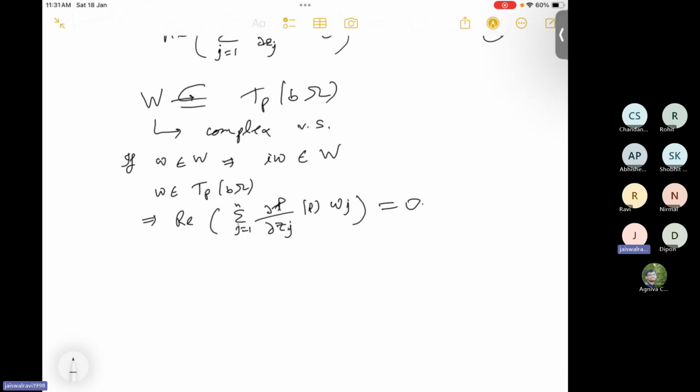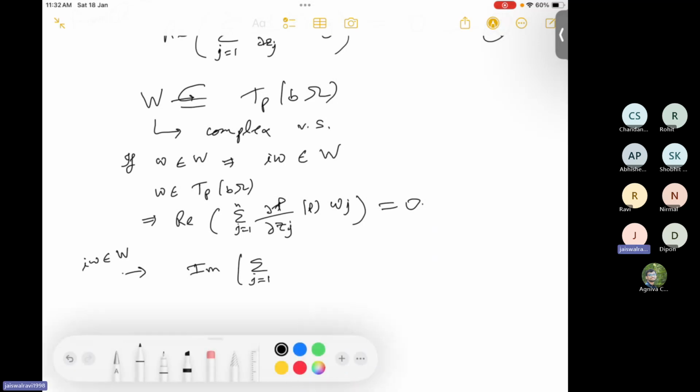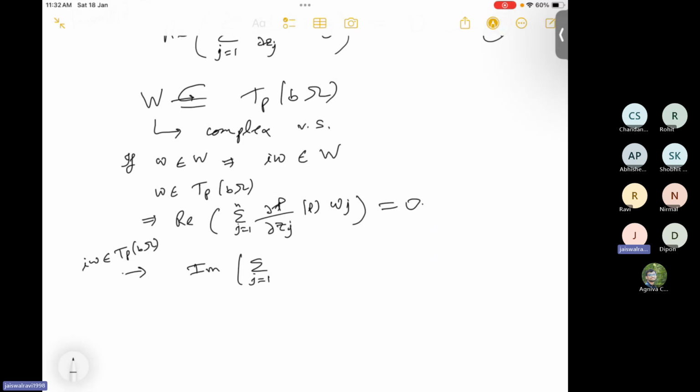So if you put iota w, then if iota w is also in the tangent space T_P of boundary omega, then from here you will get imaginary part of sum j from 1 to n del rho by del z_j at p, w_j equal to 0.